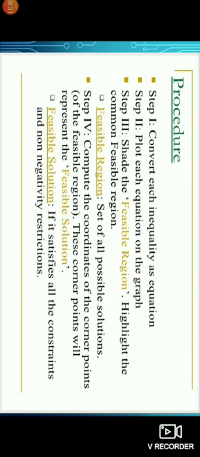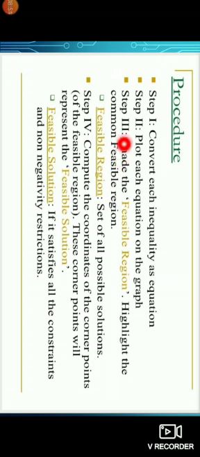Identify the decision variables, the objective and the restrictions, and then set up the mathematical formulation of the problem. So the real life problem is converted to a mathematical formulation of the problem.